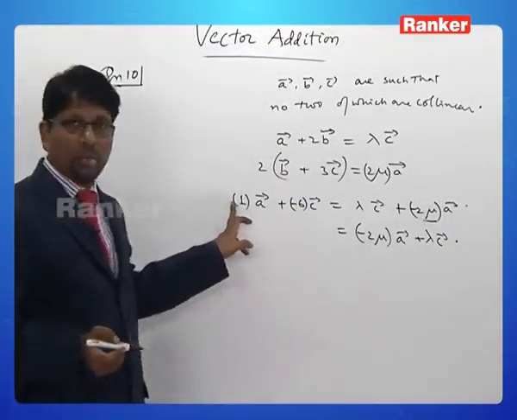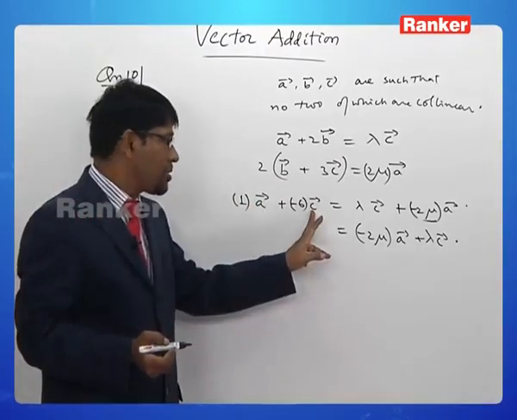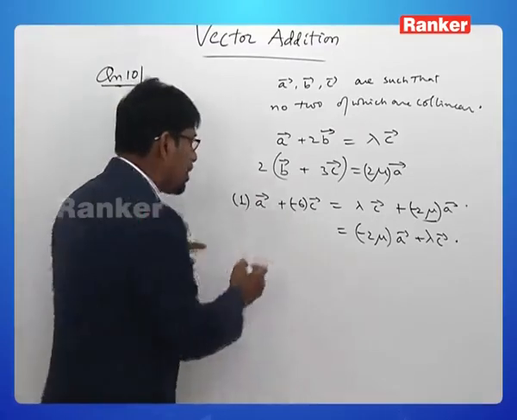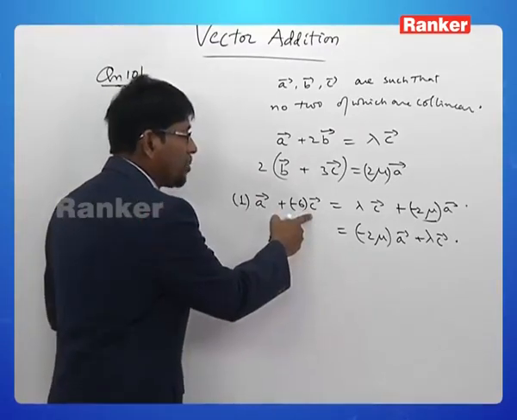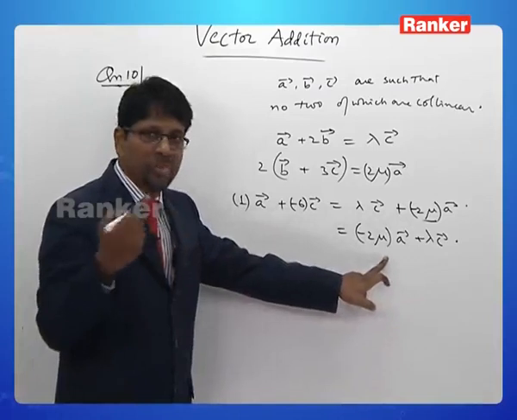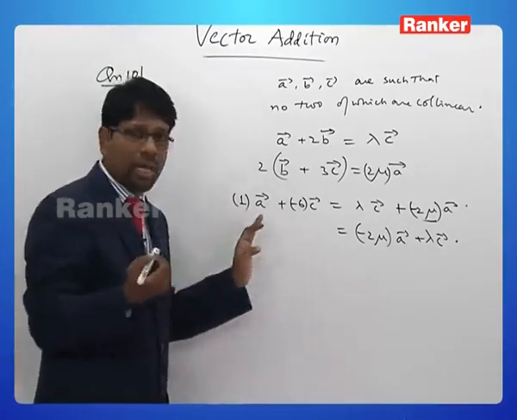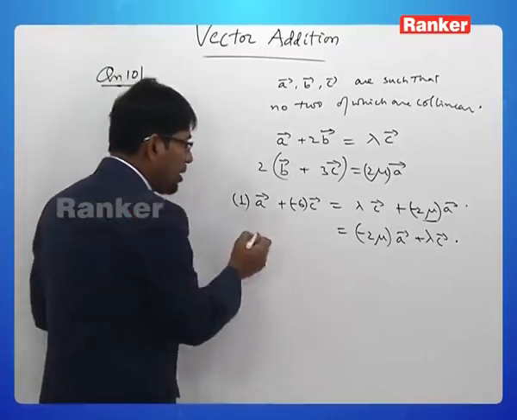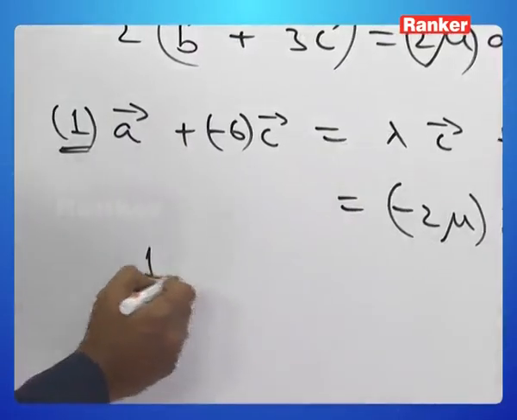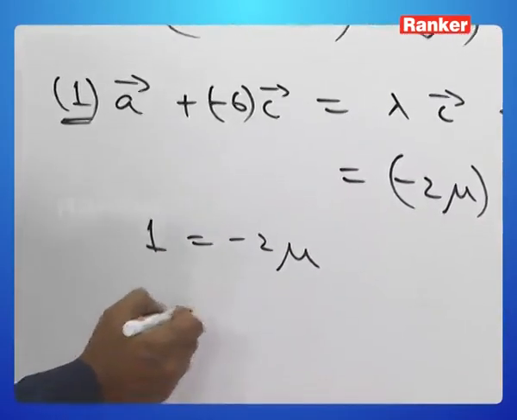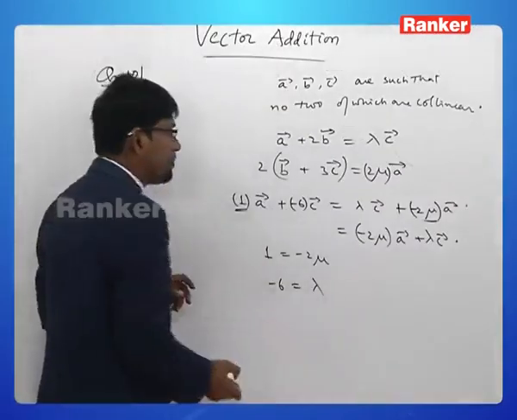When we write a linear combination of two non-collinear vectors, some x1 A bar plus y1 C bar is equal to some x2 A bar plus y2 C bar, we can equate the like coefficients here, they just act like i j vectors. So we can write here 1 equals to minus 2 mu and minus 6 is equal to your lambda.